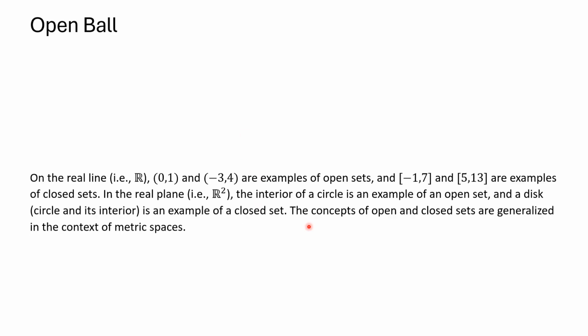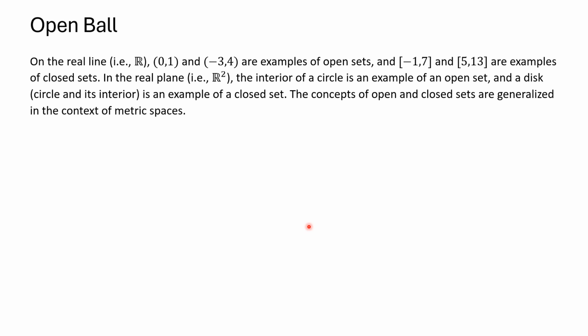Let's take an even simpler example. You may remember from even grade school mathematics, we talk about the real number line, and we had open sets there. You probably remember things like (0, 1) is an open set because you don't include the two endpoints, and another example would be -3 to +4. These are open sets.